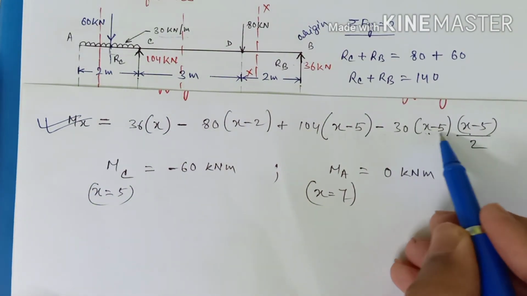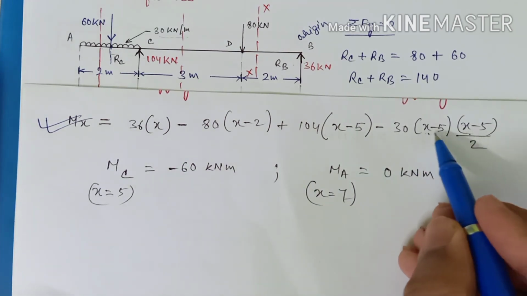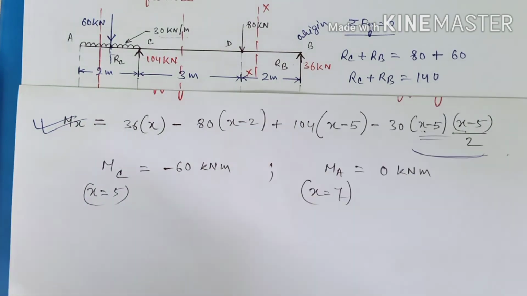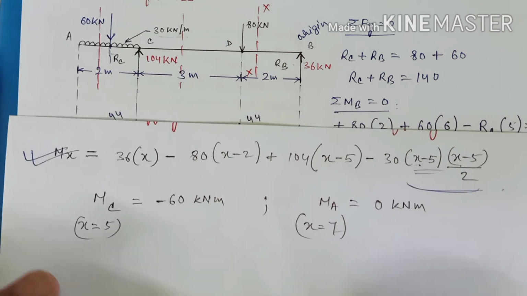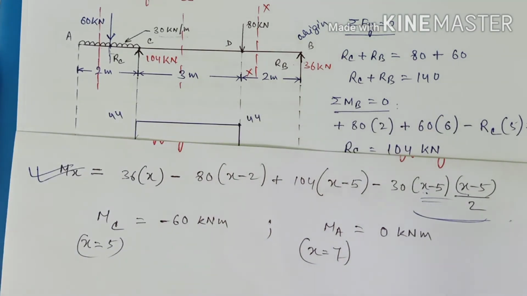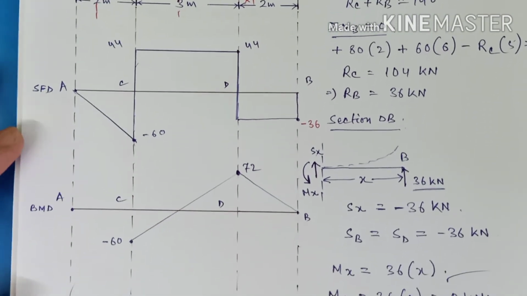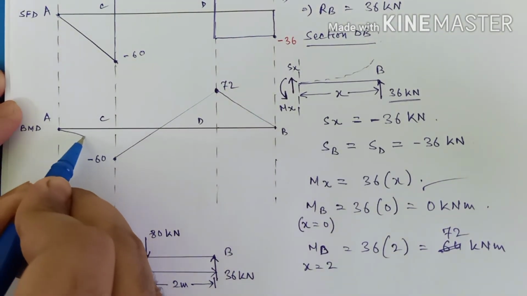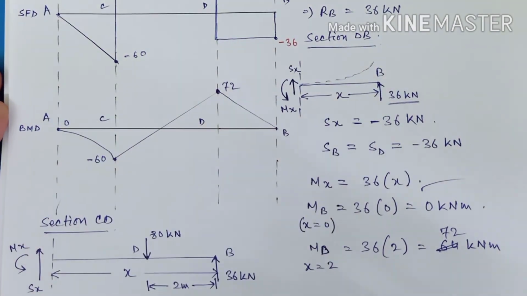If you solve this, you will get a 2-degree polynomial due to this term, a quadratic polynomial. The graphs of quadratic polynomials are always parabolic, so you will join these 2 points not by a straight line but with a parabola.